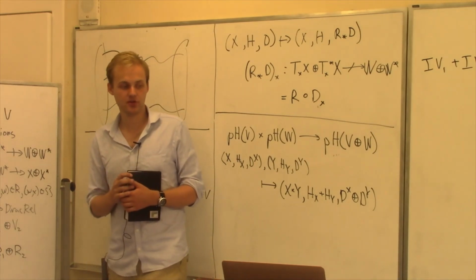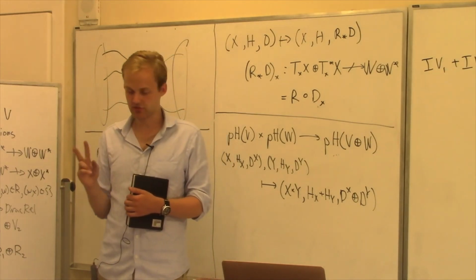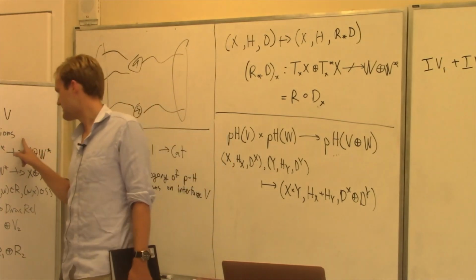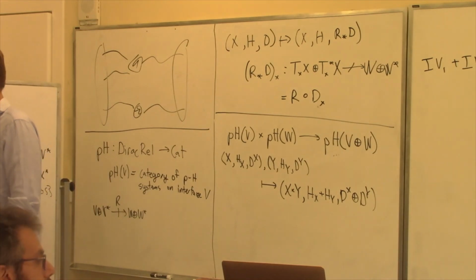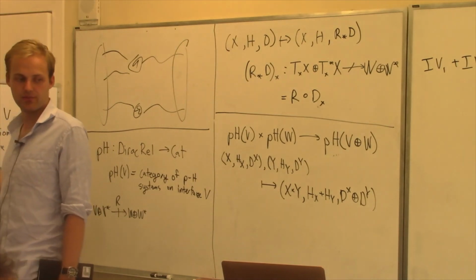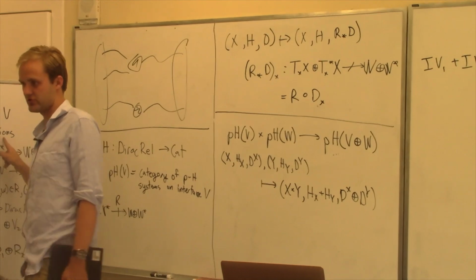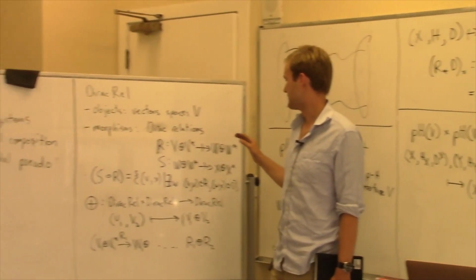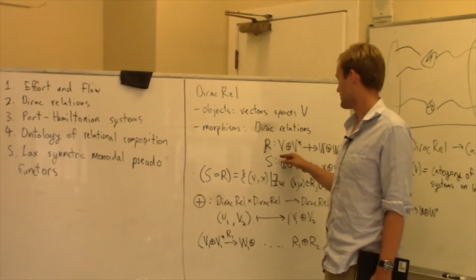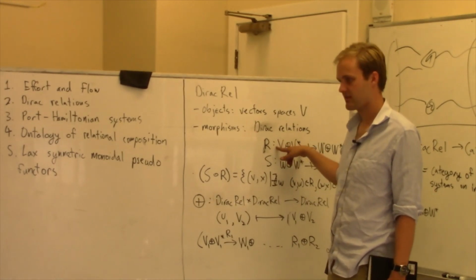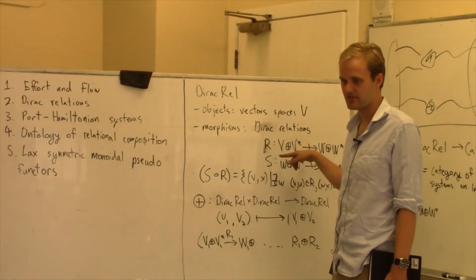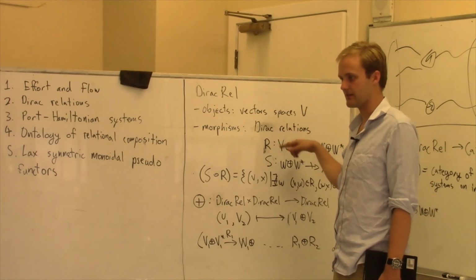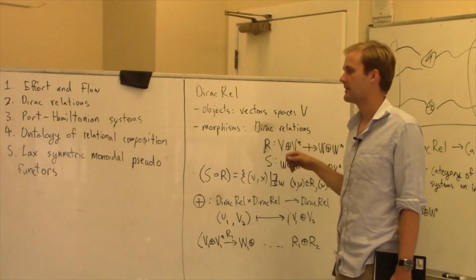No, I'm not. Okay. So I'll say two things. One, Dirac relations is not a standard term in the literature. People normally talk about Dirac structures, which are just talking about the subspace rather than the whole thing.